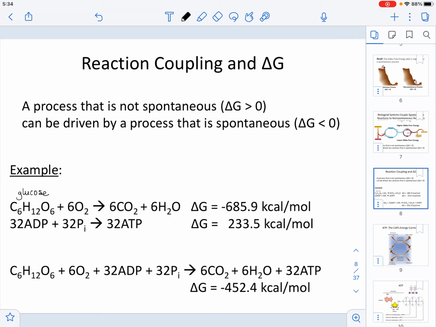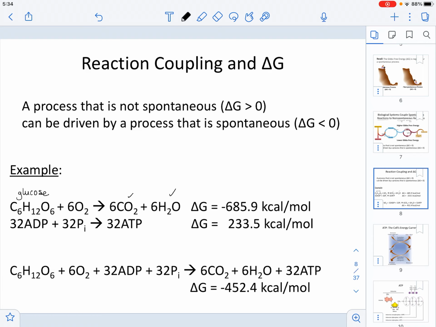When that glucose is interacting with O2, we are going to be producing CO2 and water. That whole process, as you can see, because it has a negative delta G, is a spontaneous process.